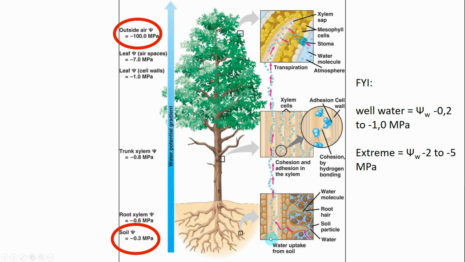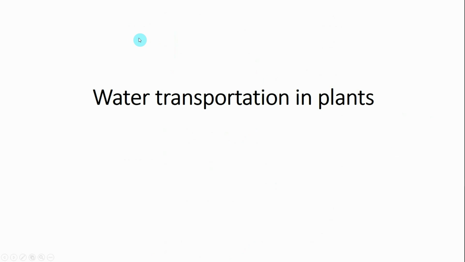From the bottom to the top, we have it moving via bulk flow, and for the bulk flow movements, there are those three theories that we've just discussed. And you can very clearly see here the water potential gradient from a less negative to a more negative, from a high water concentration to a low water concentration. So let's get into the water transport in plants.